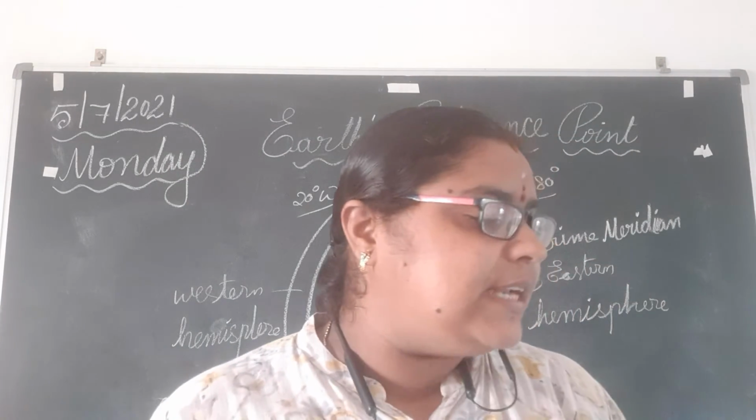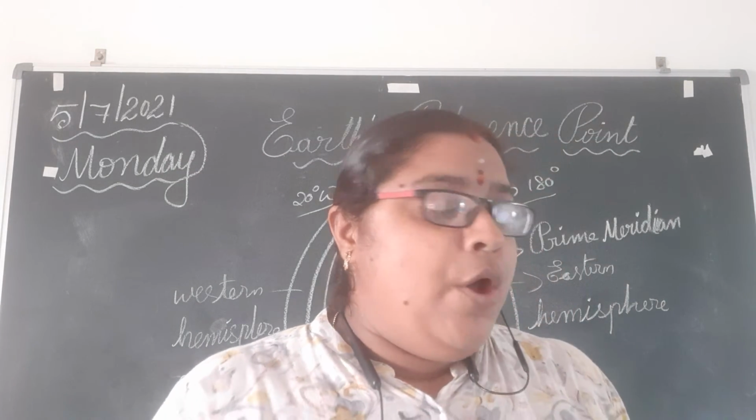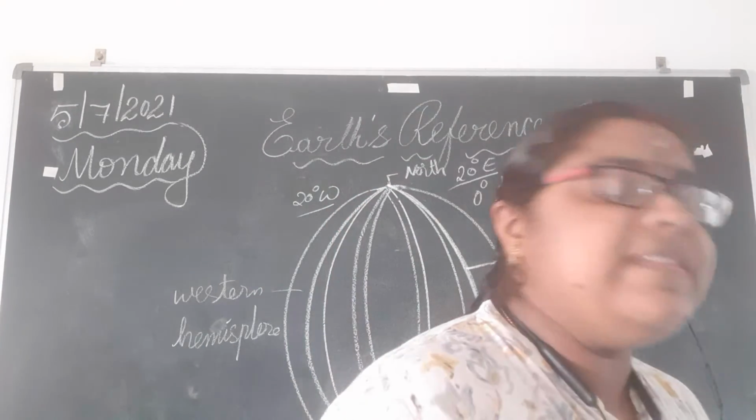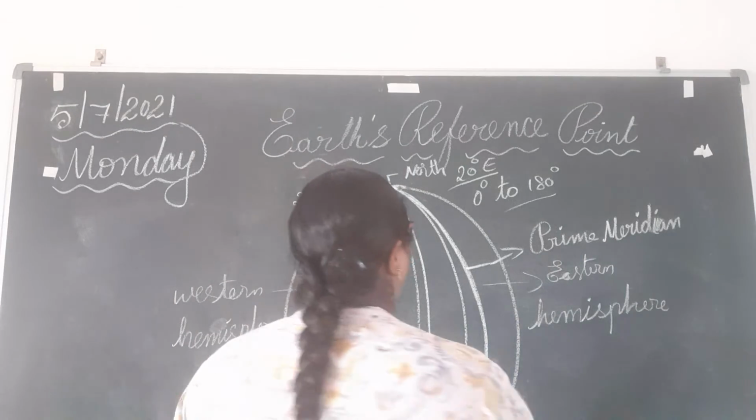The longitudes and latitudes form rows and columns on the map or globe.